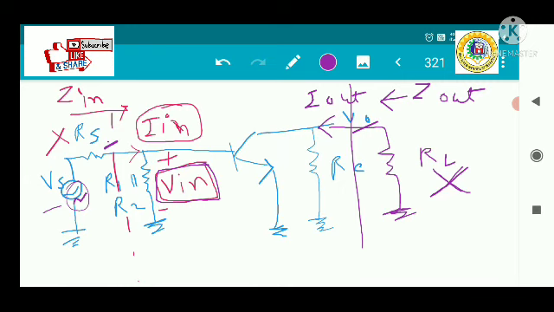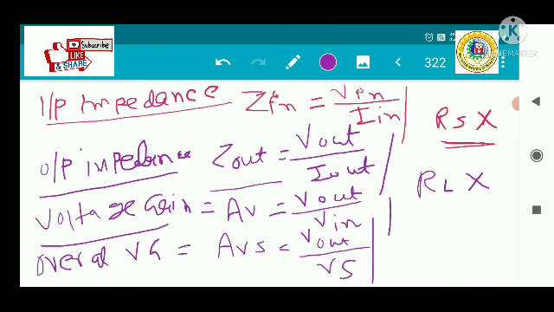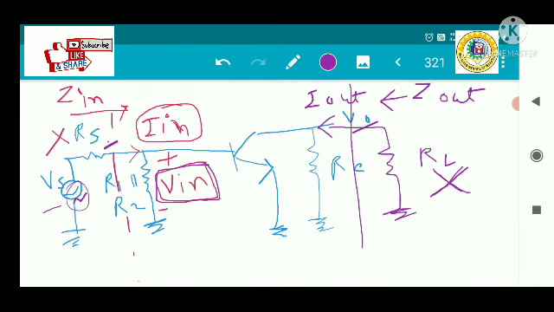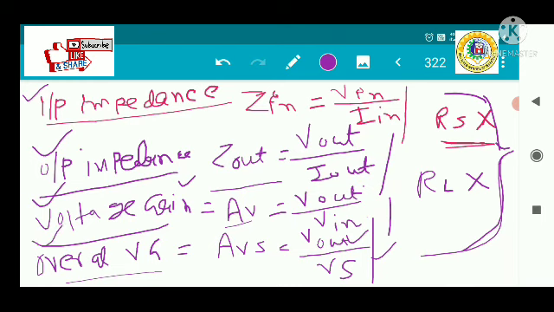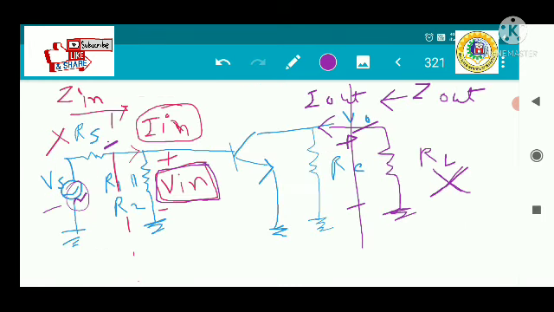And if you want to calculate the voltage gain, that is Vout divided by Vin. This is the diagram, Vout divided by Vin. And if you want to calculate the overall voltage gain, it is Vout divided by Vs. That is the parameter we will see in due course, how this parameter is calculated. Before calculating it, we will first have to model the transistor and replace it with the model, so that simple network analysis can be applied.